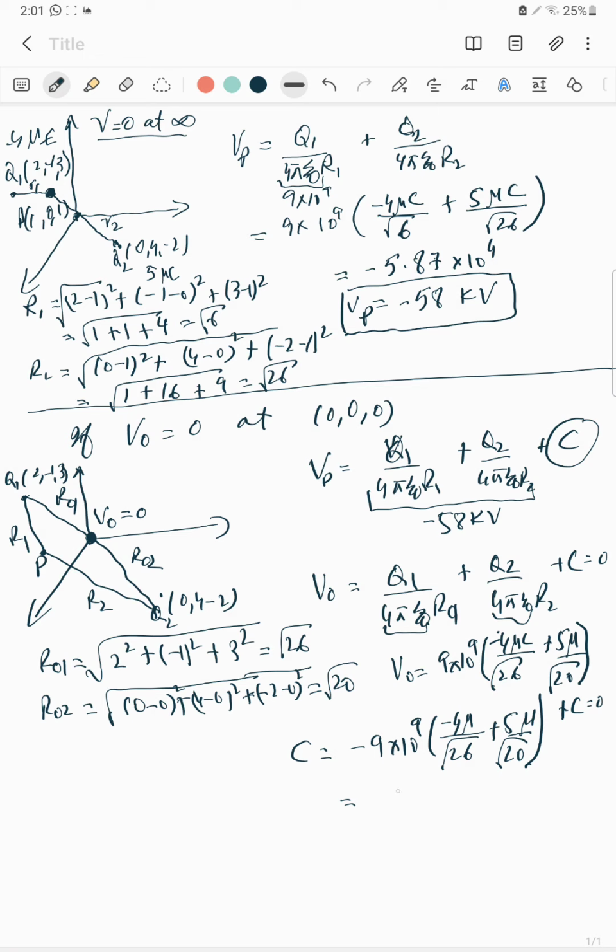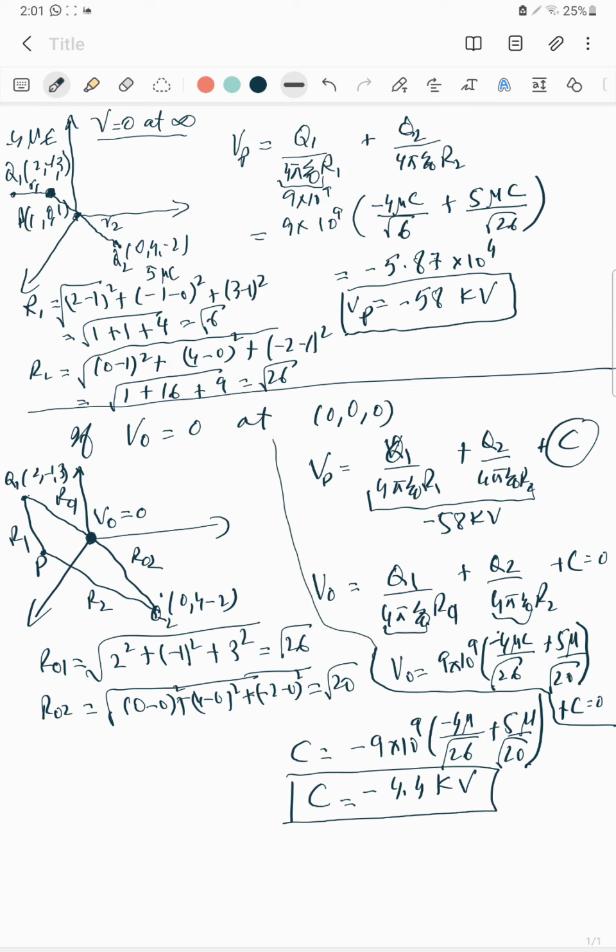If I calculate this, it comes out to be minus 4.4 kilovolts. That is my C. Because this is equal to 0, C will be equal to this.